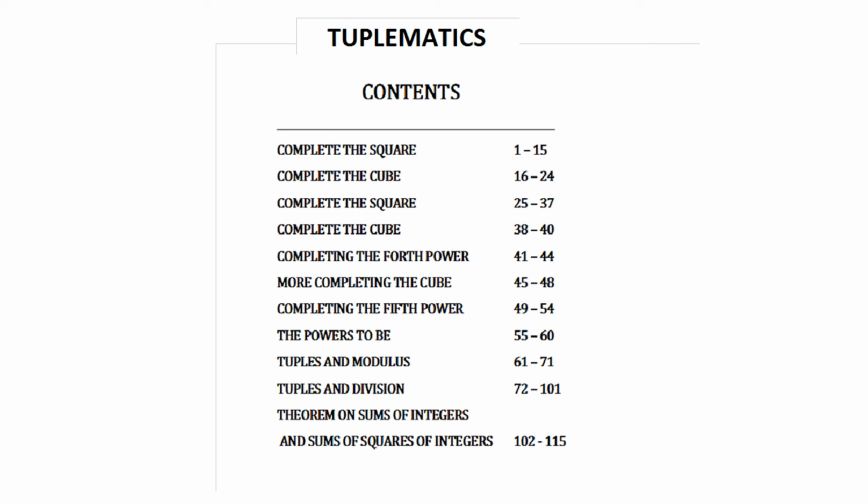The last chapter has nothing to do with tuples. It's a special theorem on the sum of integers and the sum of squares of integers. What it basically says is this: if you pick any integer that's greater than or equal to 3, say 10, you can find 2 sets of positive integers such that there are no integers common to both sets.